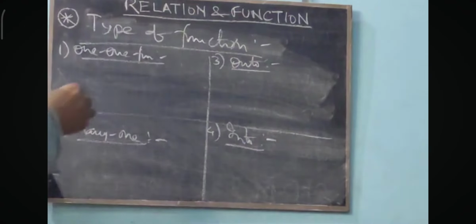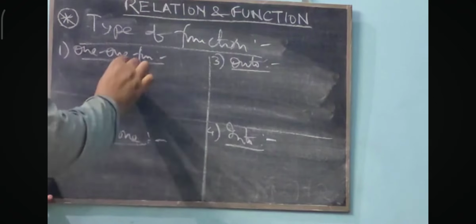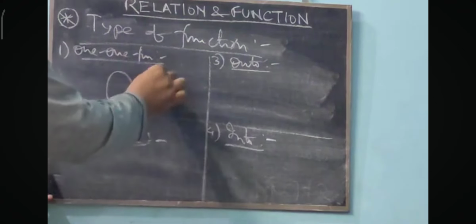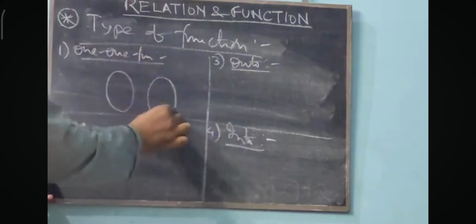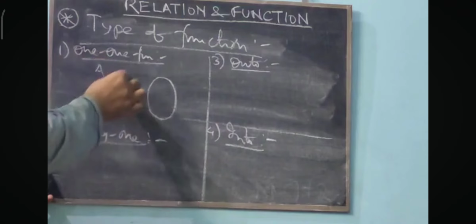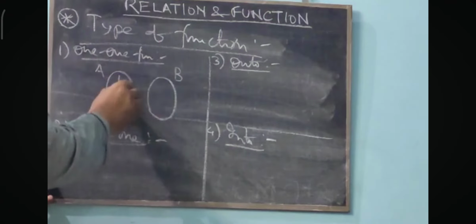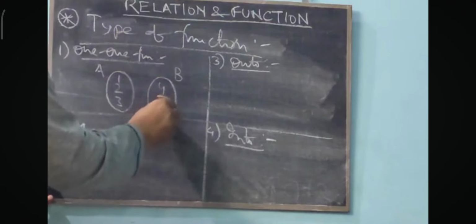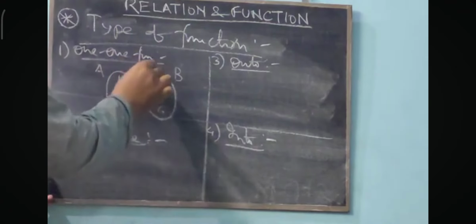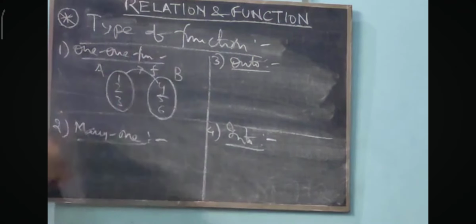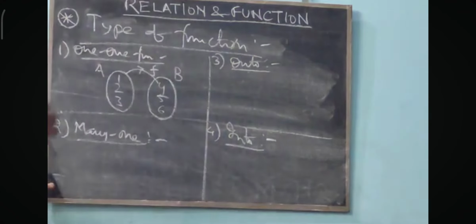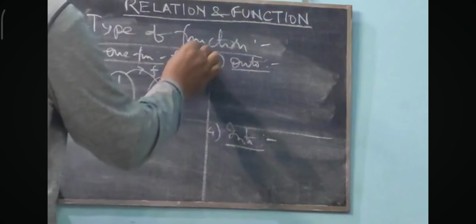Now see, this we have done in class 11. This is the domain part. It is the codomain part. Elements of set A we are writing here. Elements of set B we are writing here. Suppose it is 1, 2, 3 and the set is 4, 5, 6. And f is the function that is relating A to B. So it's the function f such that A to B.